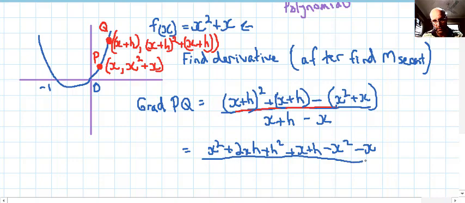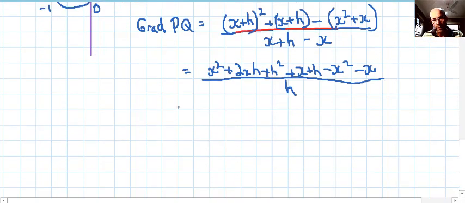And we have just h on the bottom. Is that getting familiar to you now? It should be. And what can we cancel here? We've got x squared gone. Alright, and we've got an x and minus x gone.